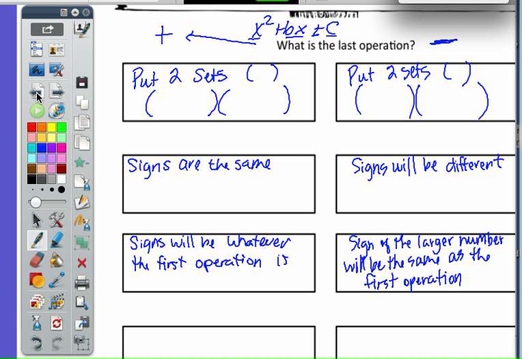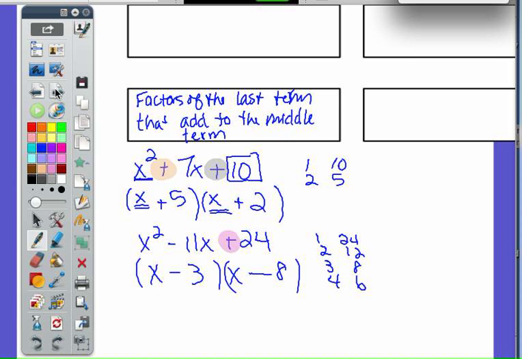Okay. Last box. This time we're going to be thinking, what are factors of the last term that subtract to the middle?